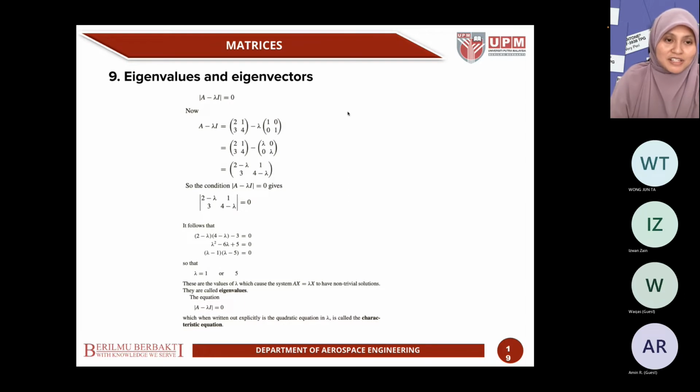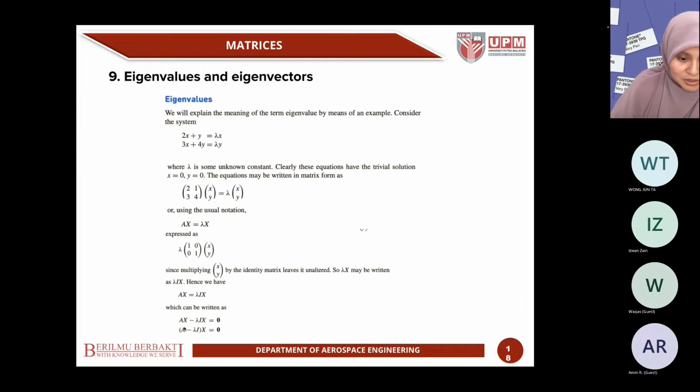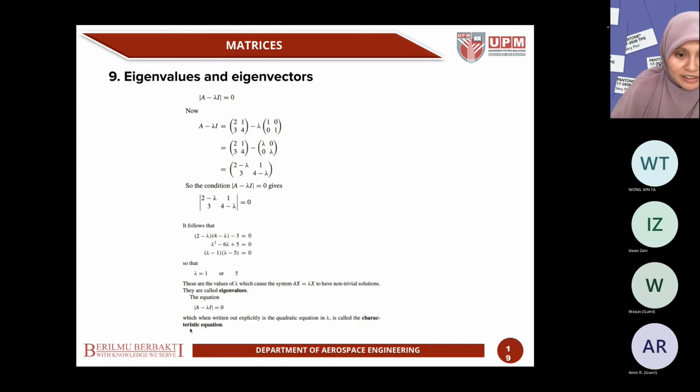To get first the eigenvalues of the matrix, we need to calculate the determinant of A minus lambda I just now. We need to find the determinant of this part. First we have to make sure that the determinant is zero so that the value exists.